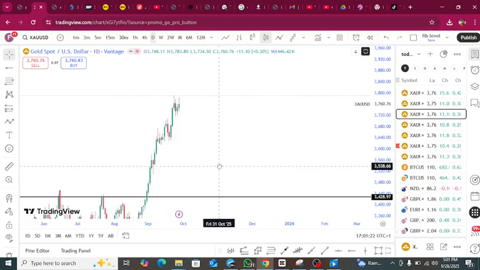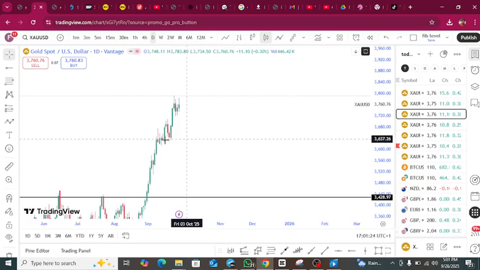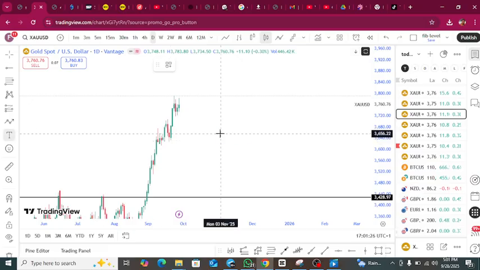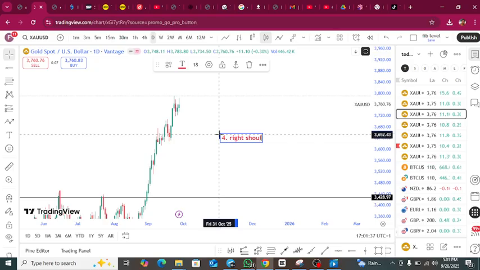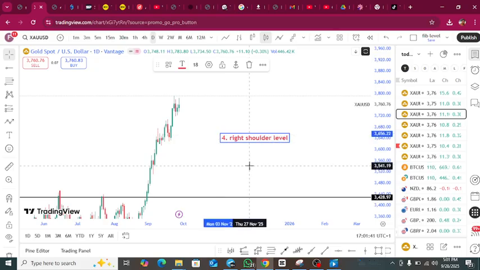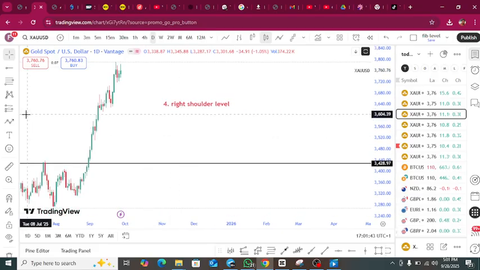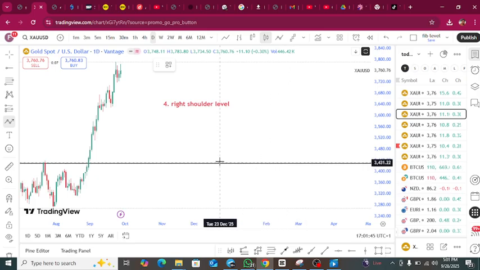Now the fourth type of key level is called the right shoulder. It's called the right shoulder level. Okay, how does it look? Okay, so let's see.